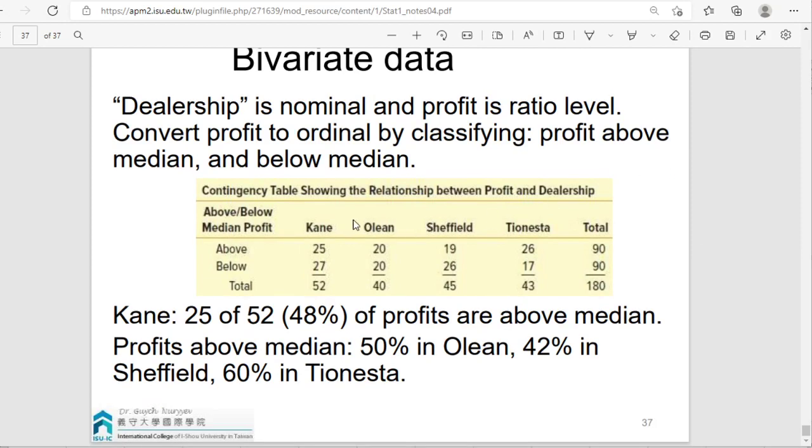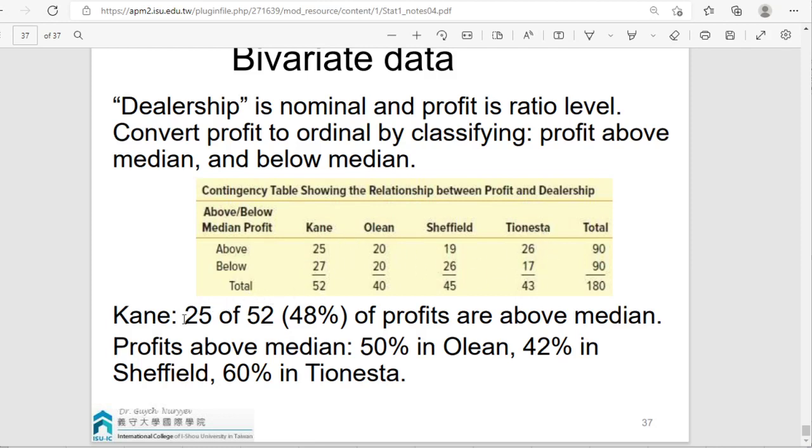Say in this case, you own a car dealership and you have 4 locations for your dealership. One in Kane, one in Olean, one in Sheffield, and one in Tionesta. And you have a number of observations for each of your multiple agents in these car dealerships.